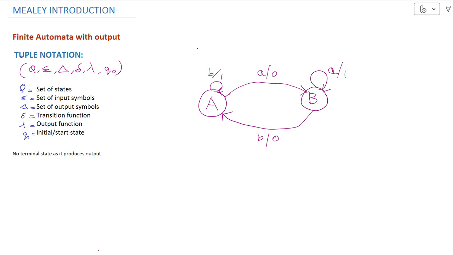The first one being the set of states, which you already know. Set of states is the number of states involved. Here capital A and capital B are the states involved.